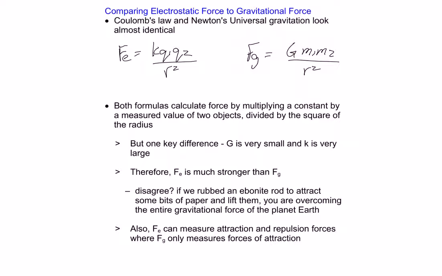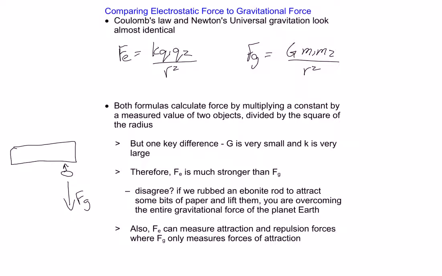We saw yesterday when we were doing the experiment that there wasn't that much force between our static rod and a little chunk of hole punch paper. But think about it: we were able to take that static rod and lift up that little piece of paper. We only had a little bit of charge on there from rubbing it, but it was still strong enough to lift that piece of paper up, where we were overcoming gravity.